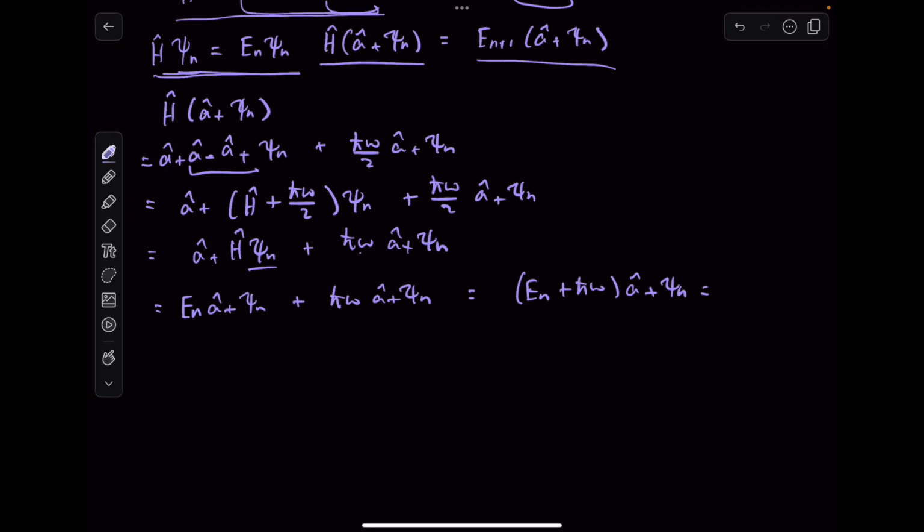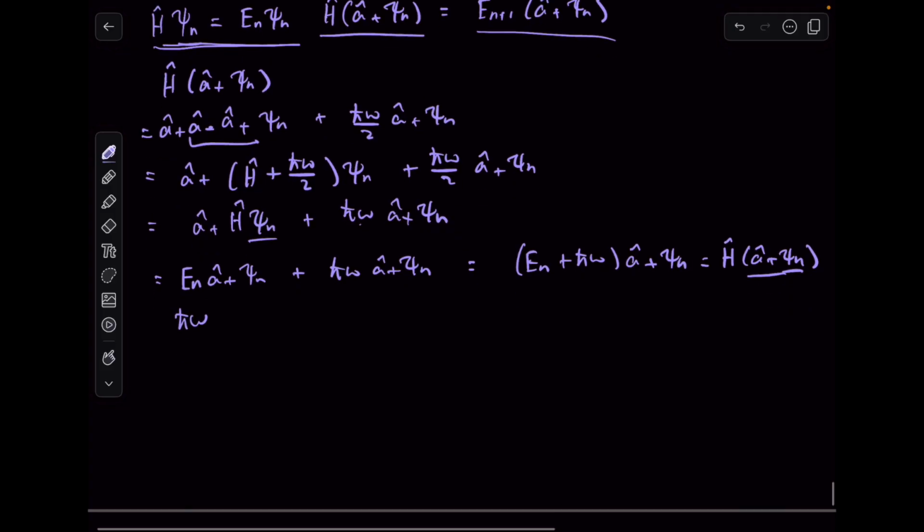And this was equal to the Hamiltonian acting on our raised state. So nice. So we've assumed that this was a solution, and we showed that using our raising operator, we obtain another solution with some more energy, and to be exact, h bar omega more energy. So that's very good.